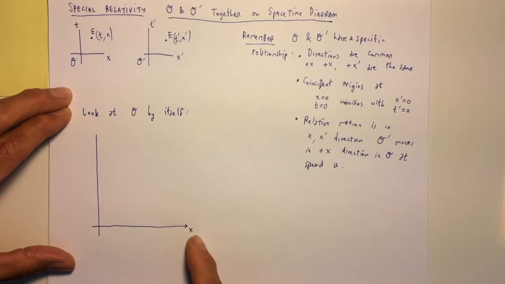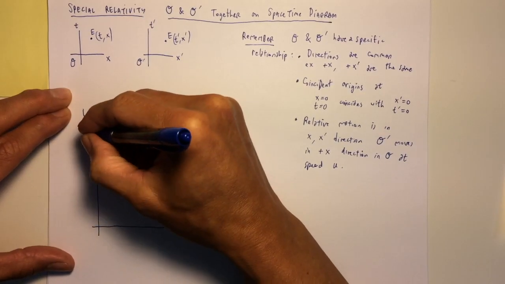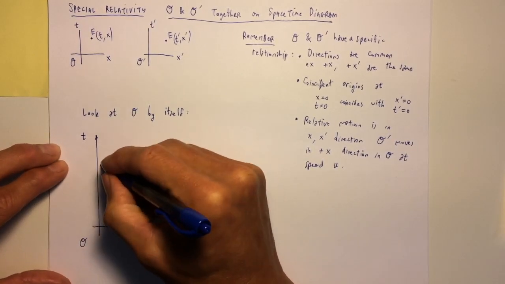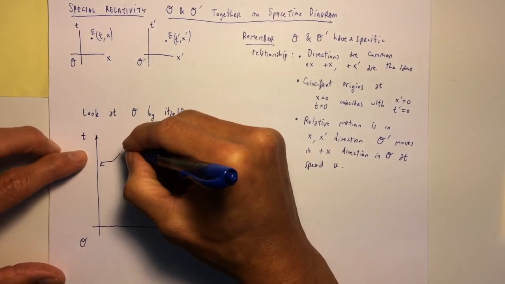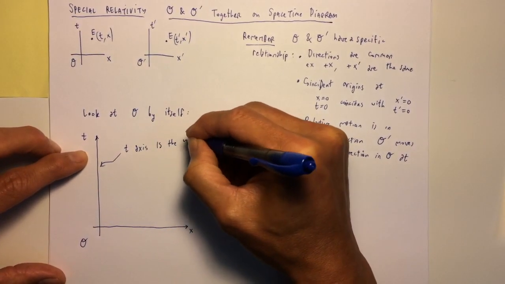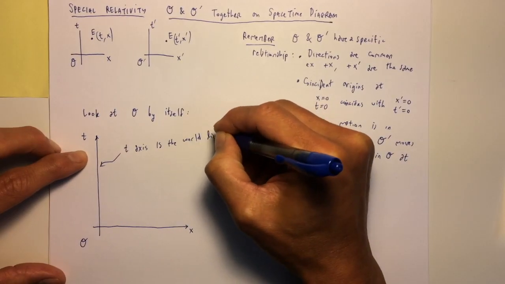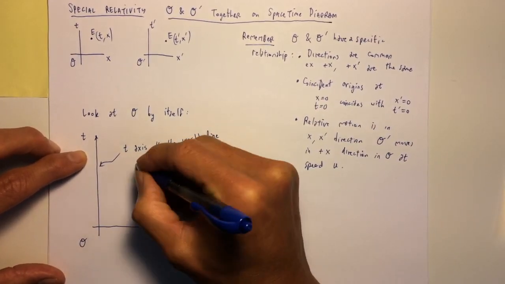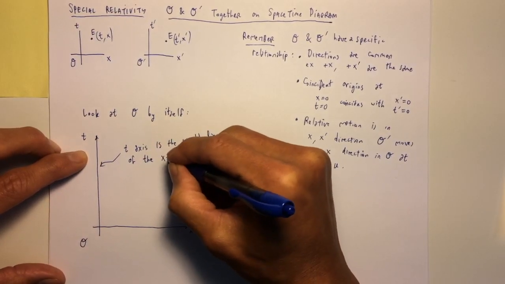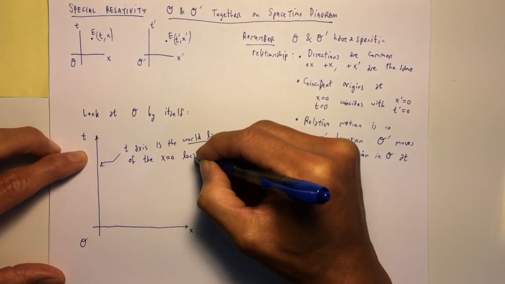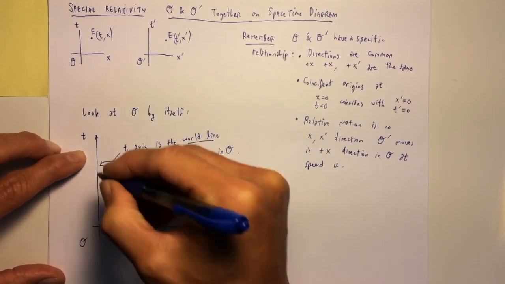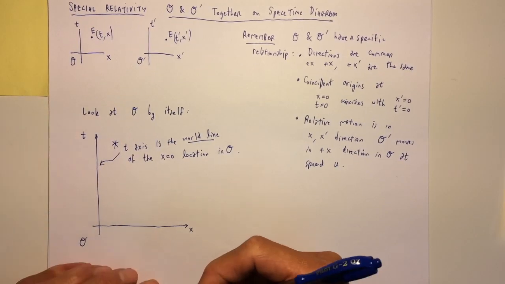So this is the x direction, and this is the time direction, and we're talking about O. And if I think about it, the t axis is the world line, right, of the x equals 0 location in O, right?